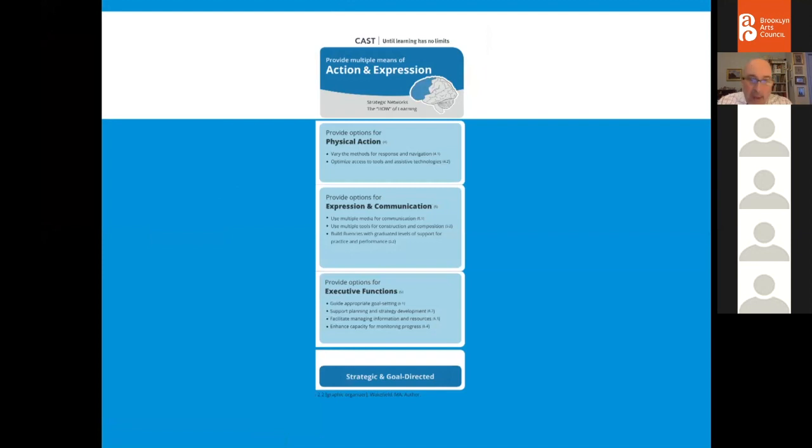The part of the brain that's highlighted in that illustration is right here in the front of the brain, what's called the prefrontal cortex. This is the strategic part of the brain. This is the brain that thinks about planning.